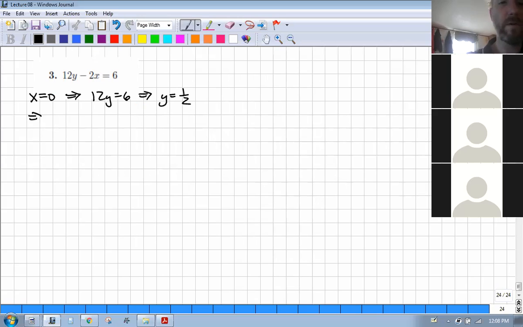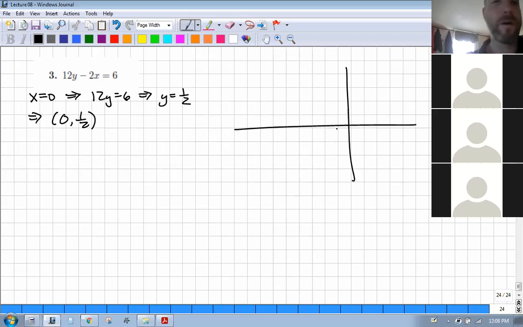So therefore, 0, 1/2. All right, where is this? Go to the right, none, go up, a half. All right, this is 0, 1/2. This is our y-intercept.